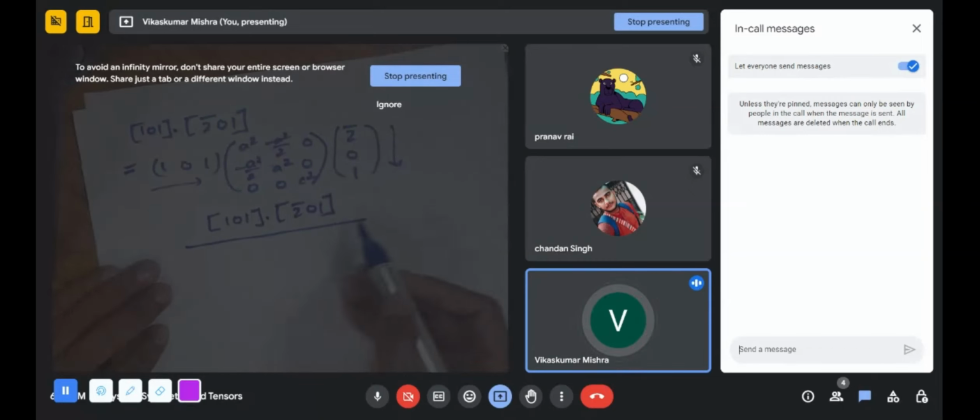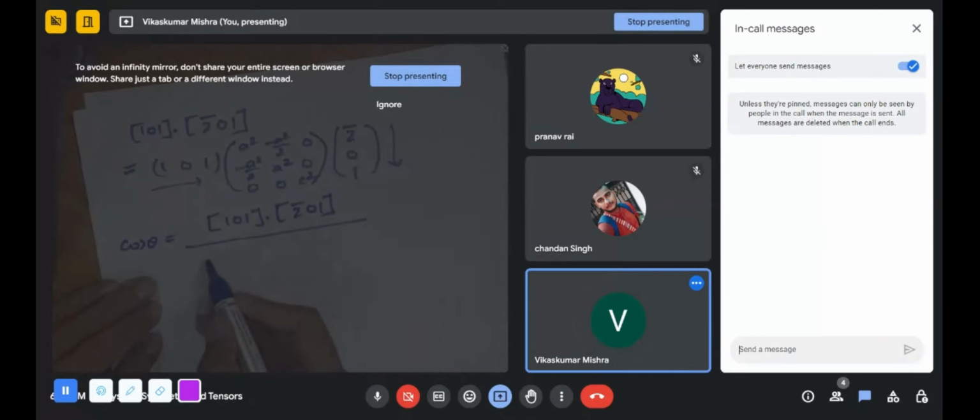In the denominator, what we need to find: this is ab cos theta, so cos theta will be equal to this divided by the magnitudes of the 101 direction and of 2 bar 01.